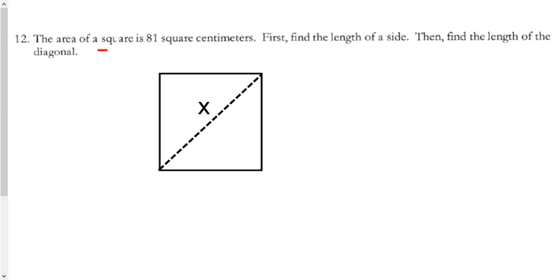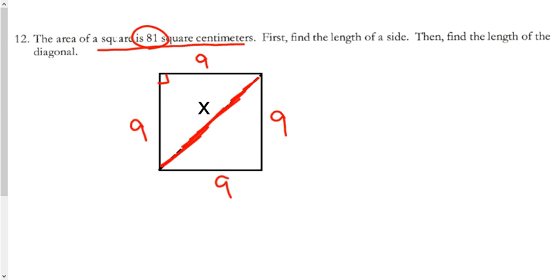On number 12, this one's a little bit better. They said the square is 81 square centimeters. So, if we said what's inside of this square, how can we get it? It'd be base times height or length times width. And that would mean 9 times 9 would get us to 81. So you had to kind of work backwards to figure out the lengths of this. So this is a square with 9 on each side. Of course, we've got the right angle, and we just need to find the diagonal length there.